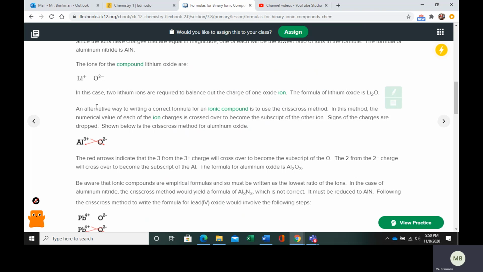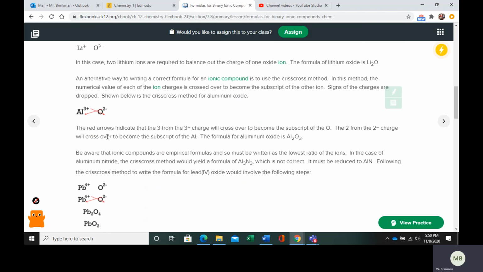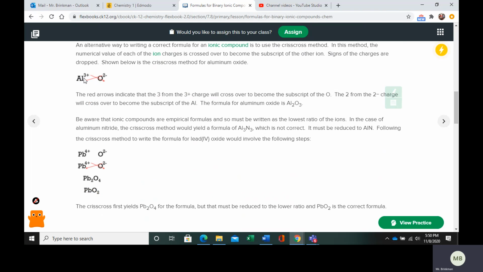A different way to write the correct formula is to use the crisscross method. This doesn't work every time, but it helps when you have different charges. So for aluminum and oxygen, aluminum has a +3 charge, oxygen has a -2. The lowest common multiple of 3 and 2 is going to be 6.